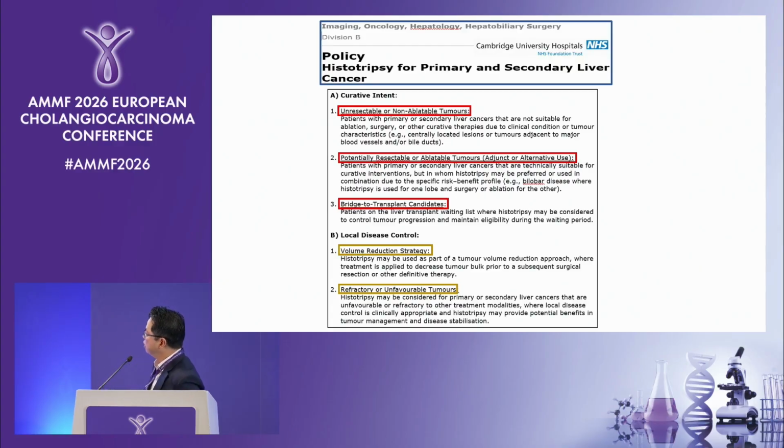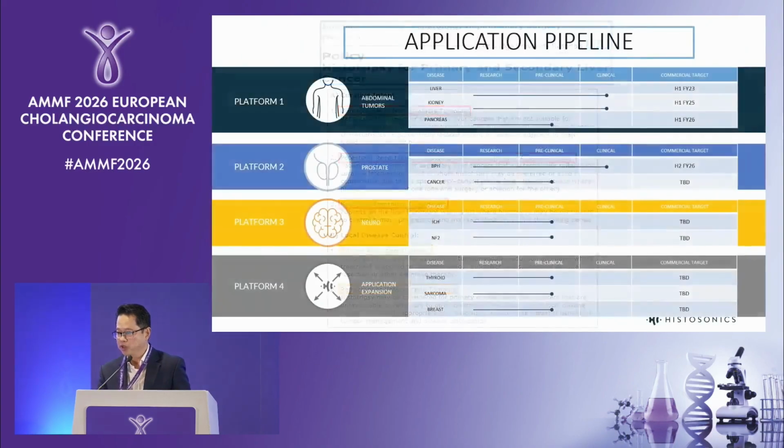And then the second is a little bit controversial in terms of volume reduction, essentially to reduce the tumor bulk and subsequently to receive surgery, or in patients who are refractory or unfavorable to any other treatment, that we think histotripsy may offer some oncology benefit or provide prolonged survival.